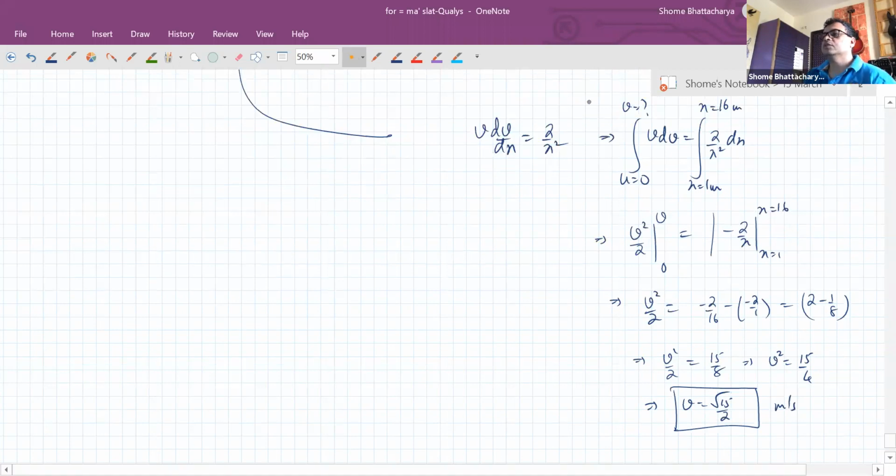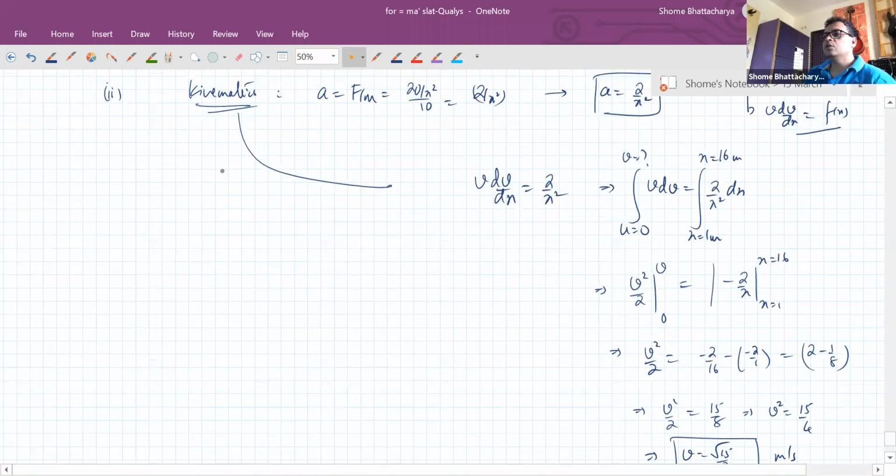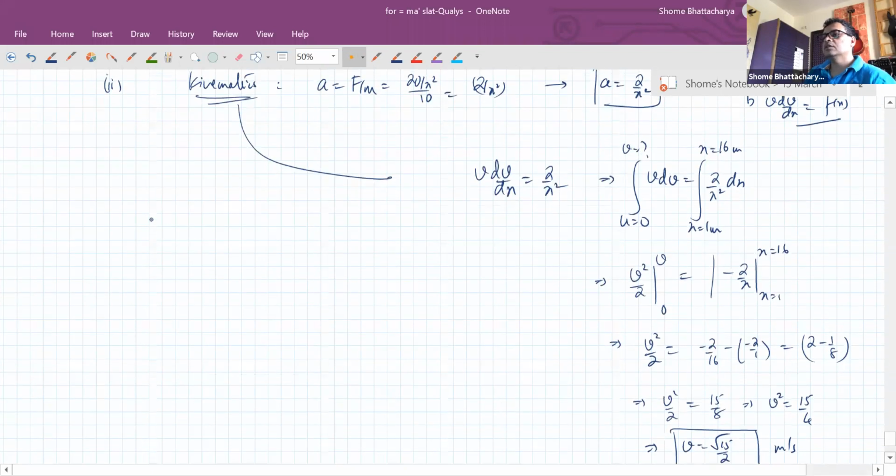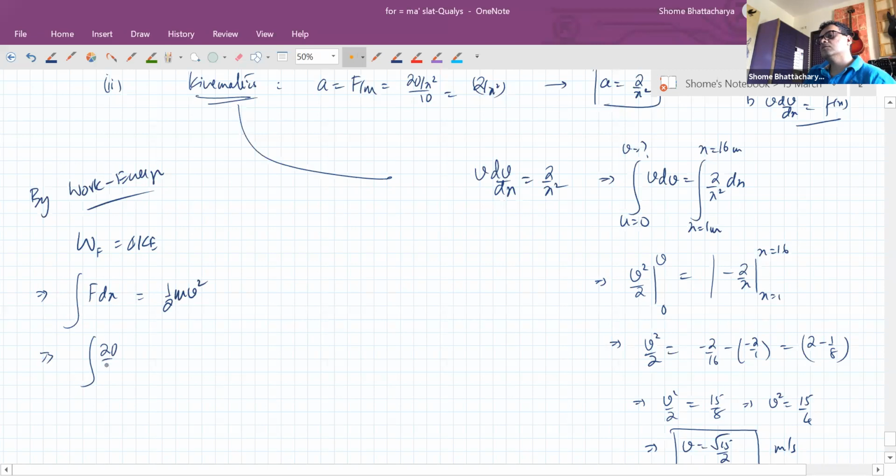So we get v as square root of 15 by 2 in meters per second. So that is one option using kinematics. The other option is you can also use work energy. You can see that work done by this force F will be the change in kinetic energy because it's a single force F acting. So integration of F dx will be equal to half mv square. It's the same kind of calculation that you get.